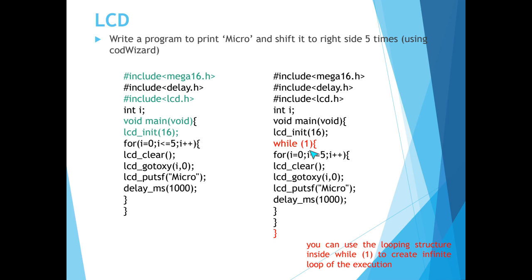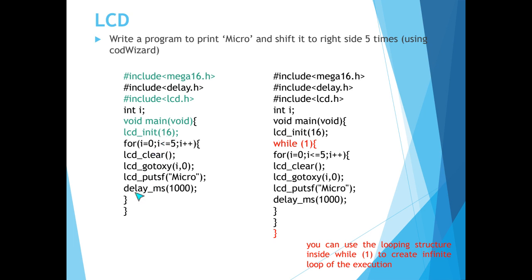Why? Because we are using while(1), which creates an infinite conditional loop. We should write it because when we are shifting, we are trying to move from the first column to the sixth column.